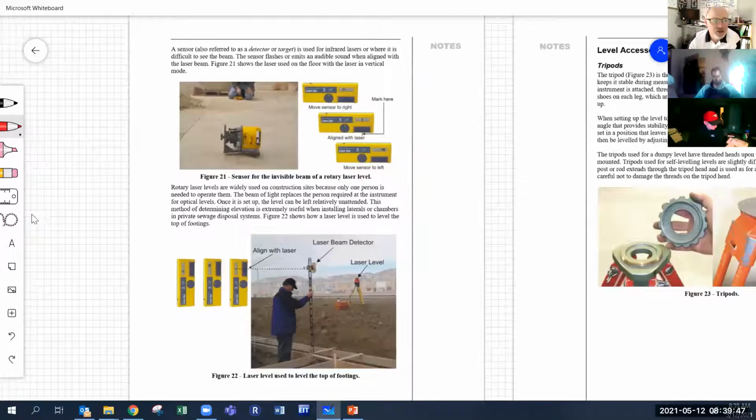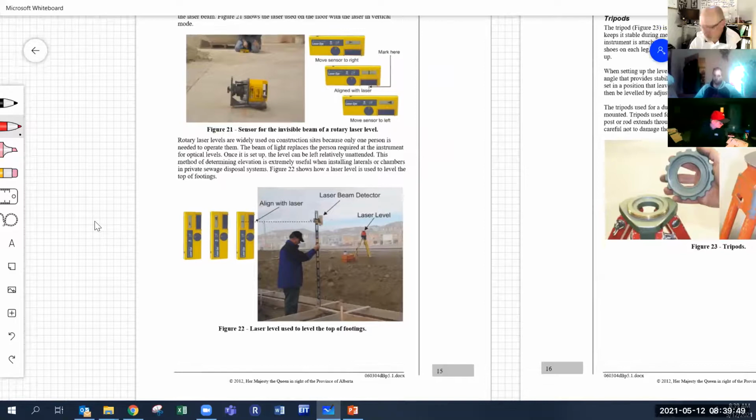Now, it shows here, this next page, we're on page 15 now, and it just shows that you can align your sensors with your light just to get wherever you want to be. So if that's where you want to be over here, you align it. Now, here is where you put your instrument onto, this guy has it on a level.